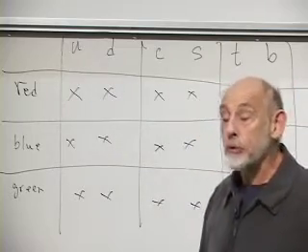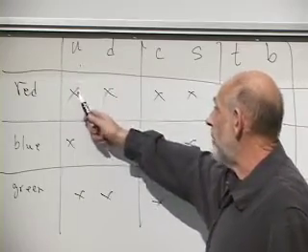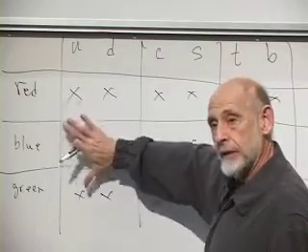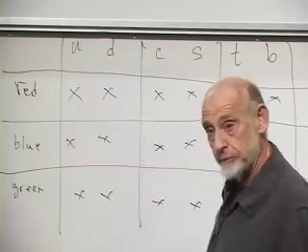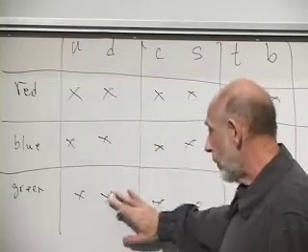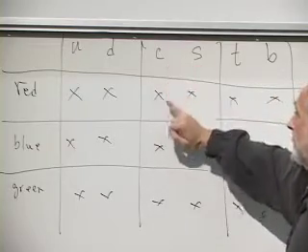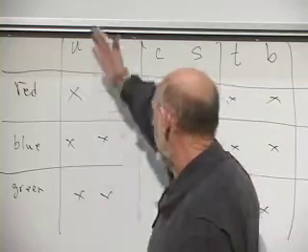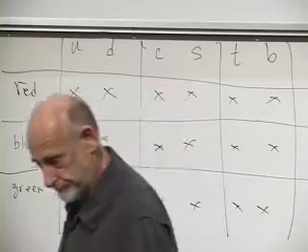An SU3 symmetry, a color symmetry, may rotate an up red quark into an up blue quark or an up green quark, and the nature of the symmetry is to act vertically, to mix up things this way. At the same time, it will mix the different colors of down quarks. The same symmetry will mix the different colors of charmed quarks and strange quarks and so forth. So the color symmetry acts vertically. It mixes up the different rows here.